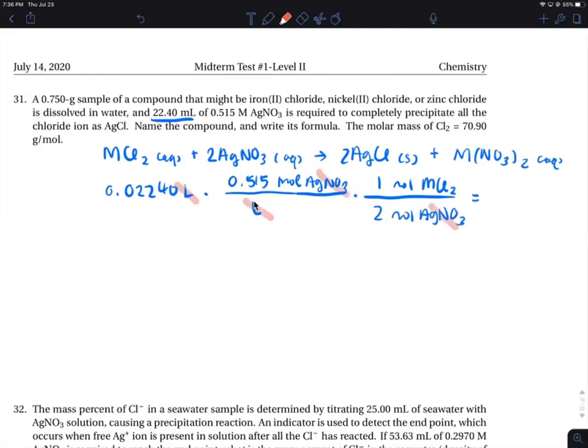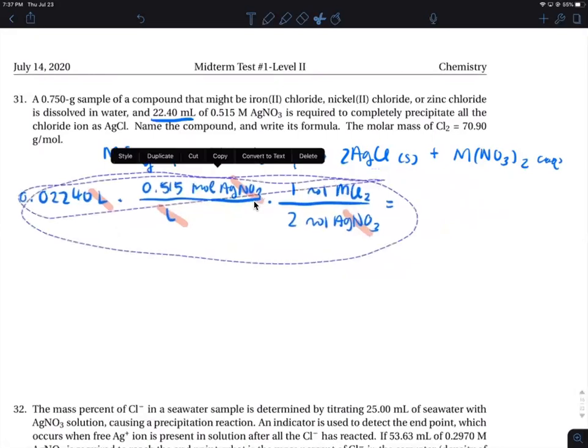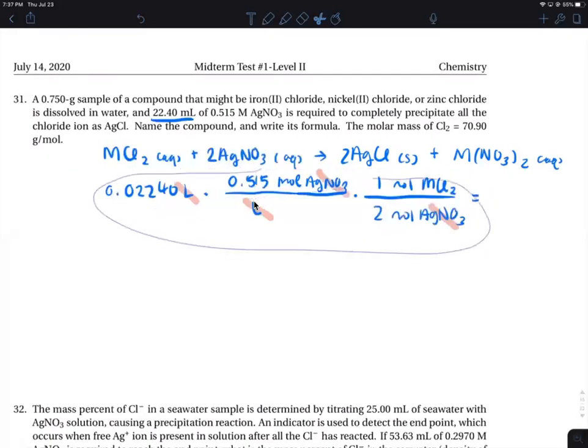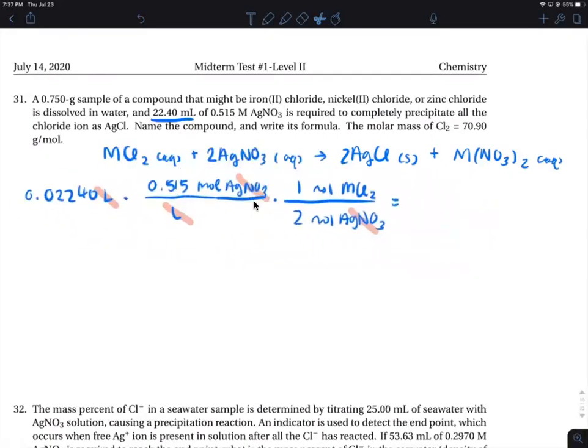We'll cancel all the units. Okay, and then from here, we get 0.005768 moles of MCl2.